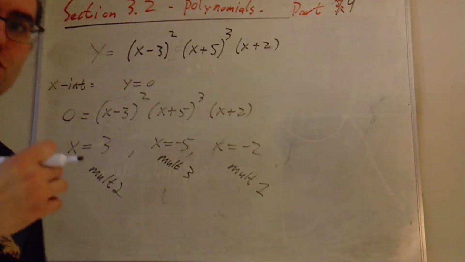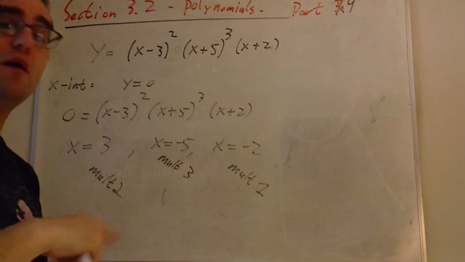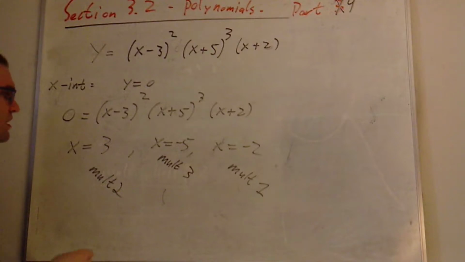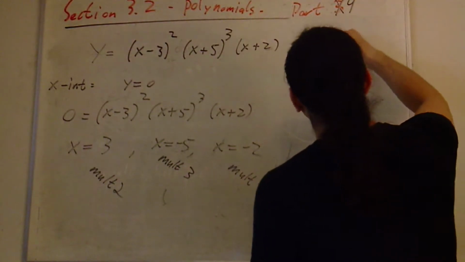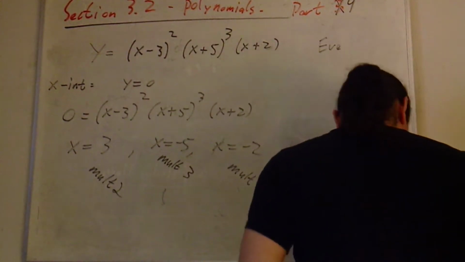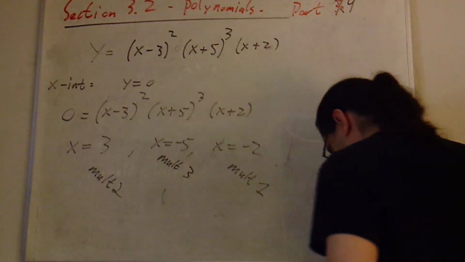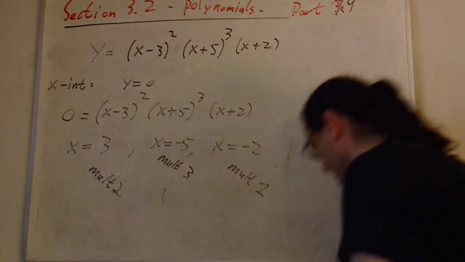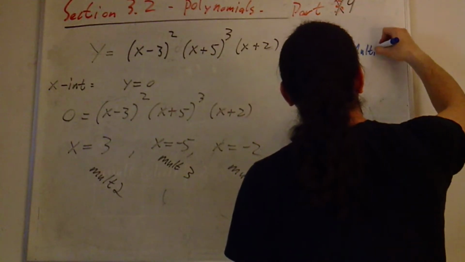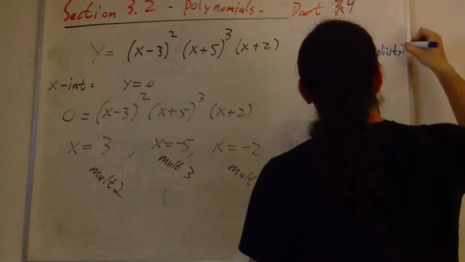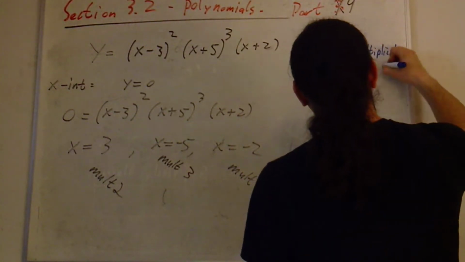We're very used to the graph crossing the axis at an intercept, but that doesn't always happen. So when something has even multiplicity, gotta stop trying to write in black, it is not working. If something has even multiplicity, that means it bounces off the axis.